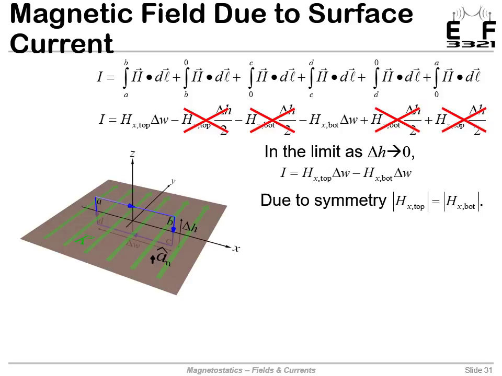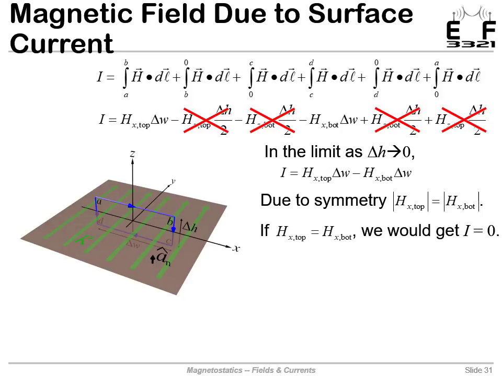Now, this is a symmetric problem, and the fields always take on the same symmetry as what you're analyzing. So we would expect the magnetic field above and below this to look very similar. And in fact, the magnitudes of the magnetic field on the top and the bottom are the same. We can't say that about the direction, but we can say that about the magnitudes. So let's think about the direction.